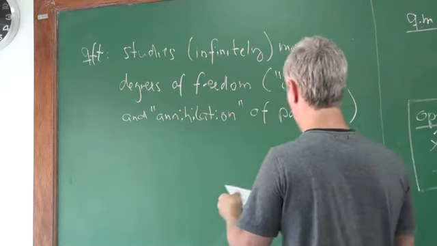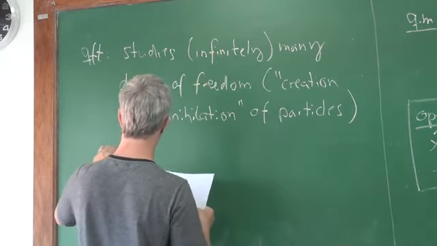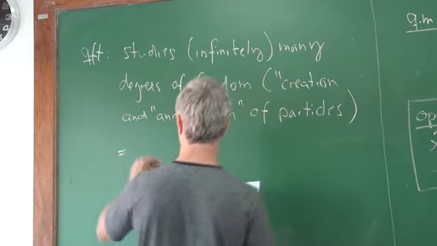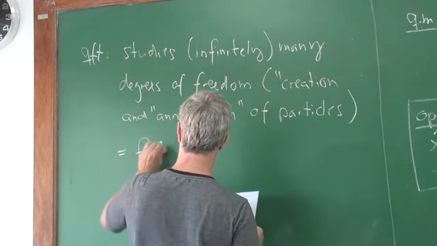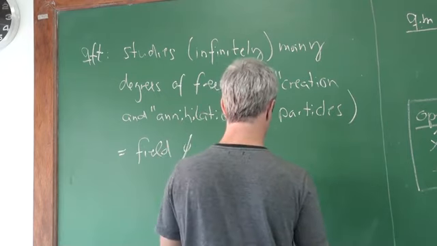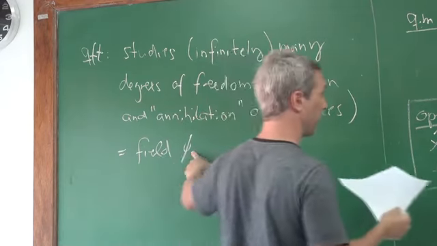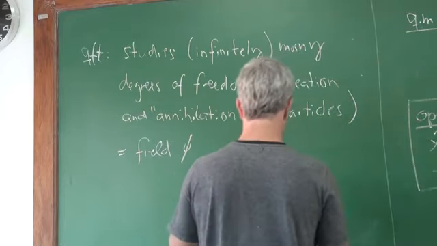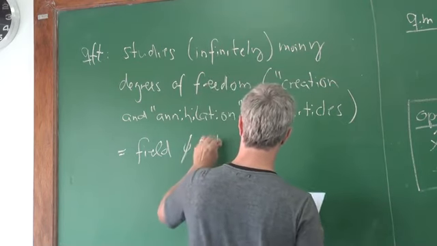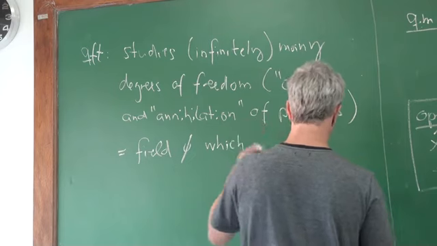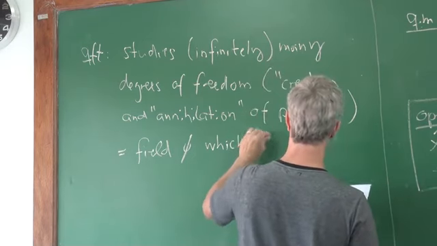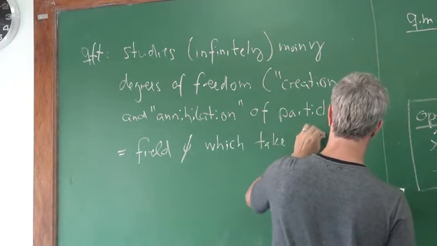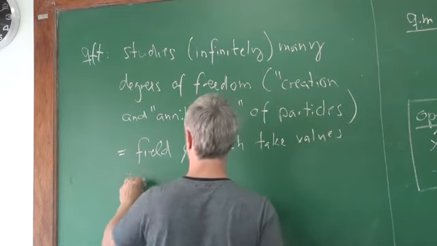So instead of considering zero-dimensional or point-like objects, you here consider fields described by some degree of freedom phi instead of some coordinate x, which, depending on which problem we exactly look at, can take values in some target manifold.